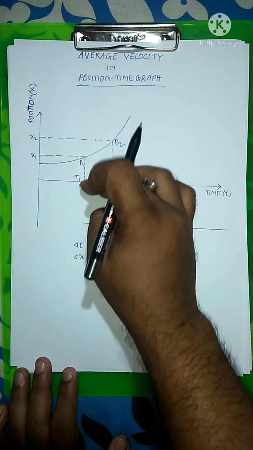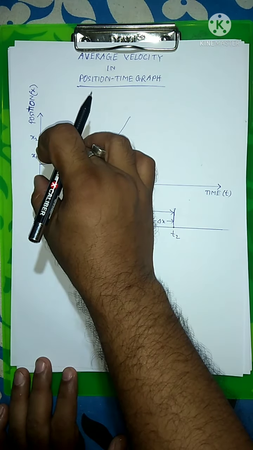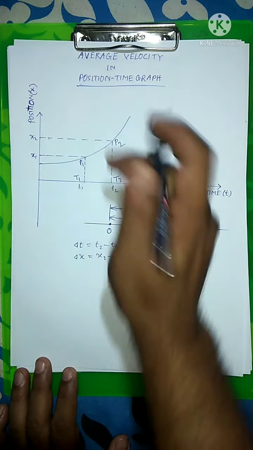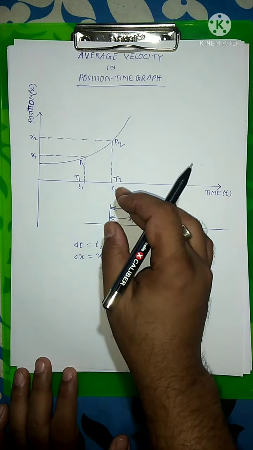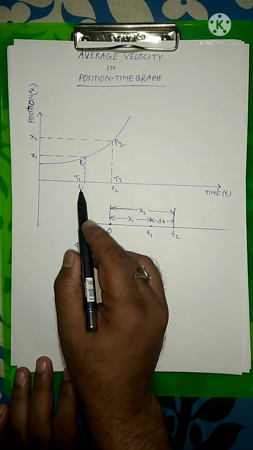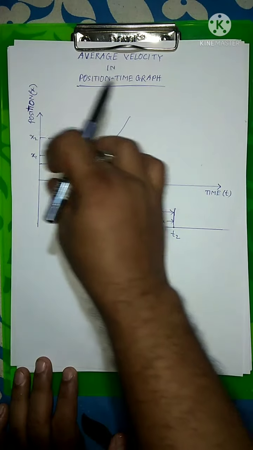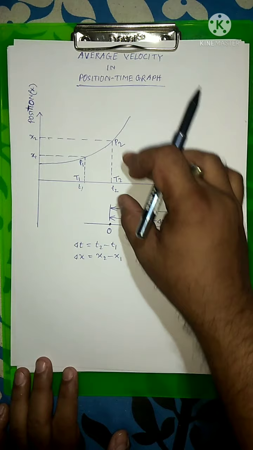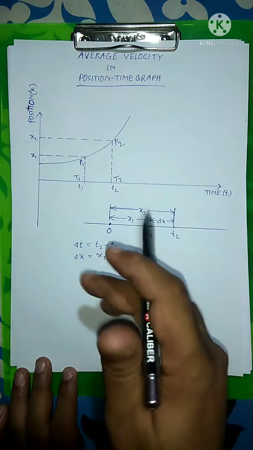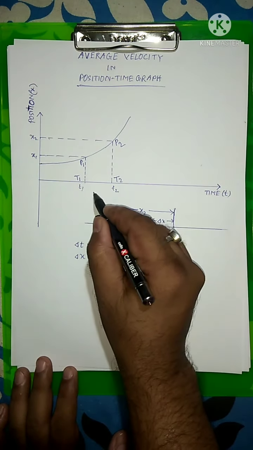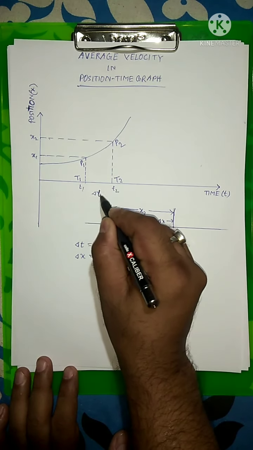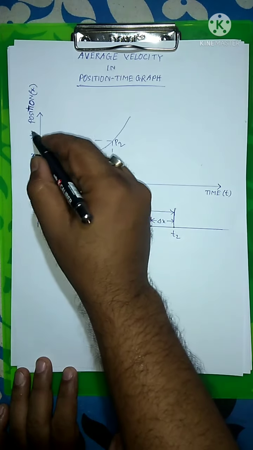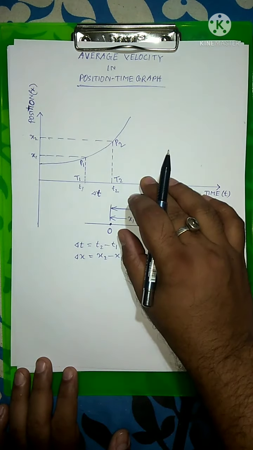Thus T1P1 is equal to x1 and T2P2 is equal to x2, and the particle's position at t equal to t1 is x1, and at t equal to t2 is x2. Thus the displacement over the interval delta t is x2 minus x1, equal to delta x.